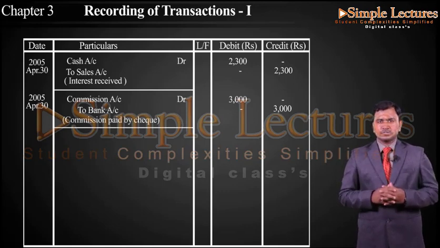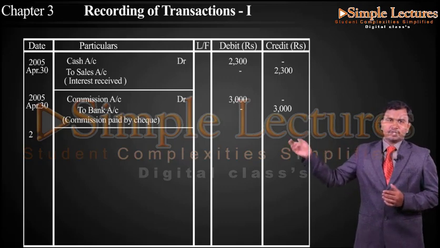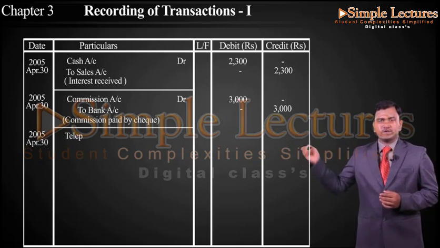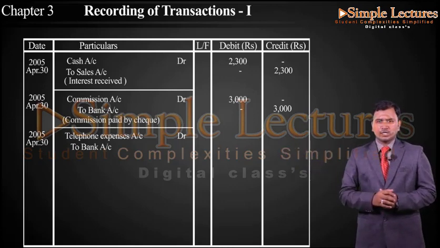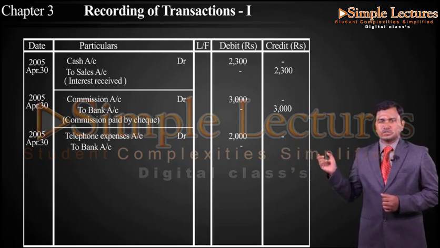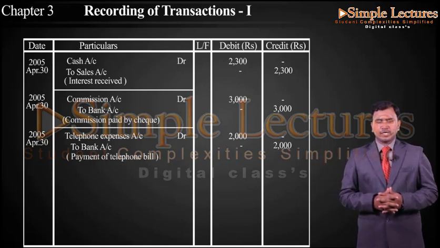Again it is an expense. Again the same entry we are going to record on the same date 30th/4/2005, telephone expenses account debtor to bank account 2000 debit 2000 credit. So the narration, telephone expenses paid by check.